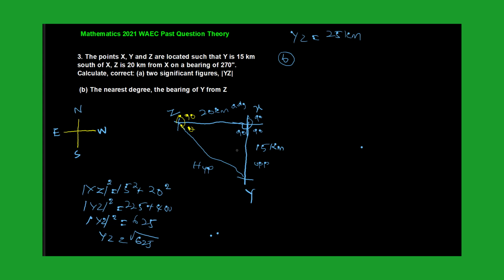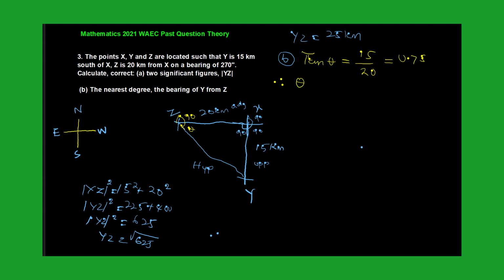So in this case, we are going to use SOHCAHTOA. So tan theta equals 15 over 20, which also means 0.75.